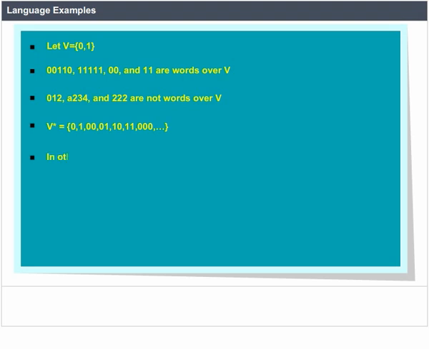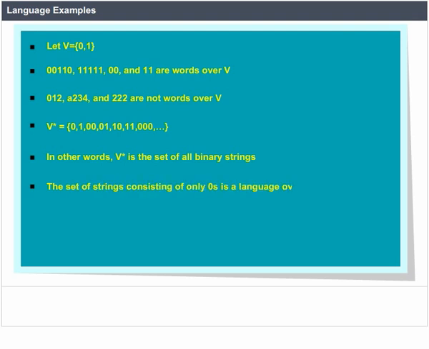In other words, V star is the set of all binary strings. The set of strings consisting of only zeros is a language over V star. The set {1, 10, 100, 1000, 10000, etc.} is a language over V star.